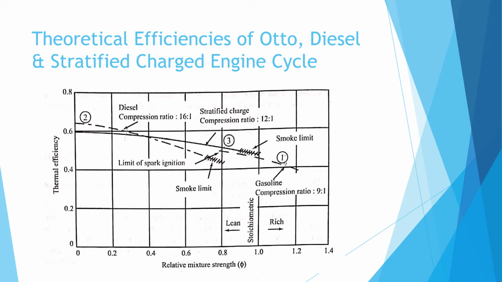For a multi-cylinder engine, this becomes 0.85 due to imperfect distribution among the cylinders. The maximum output mixture strength is about 1.05 to 1.1, whereas it is 1.2 for the multi-cylinder engine.